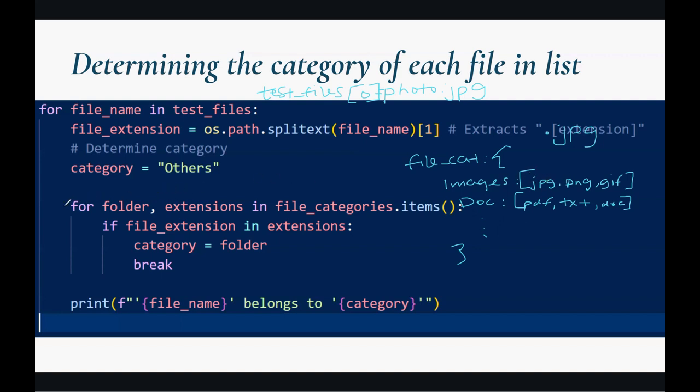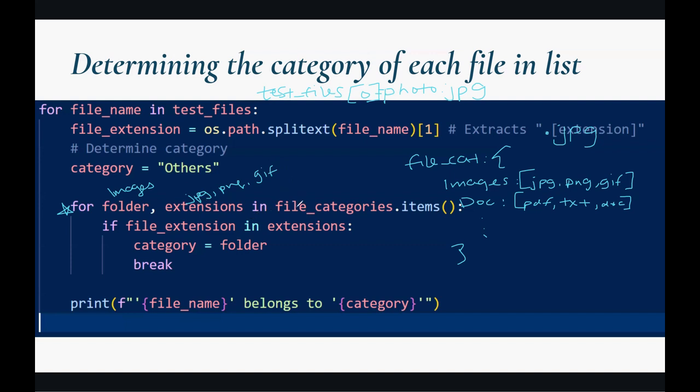So once we get to this point in our nested for loop structure, for each folder, which is going to be first images, and each of the list of extensions associated with that folder, which for images is JPEG, PNG, GIF.